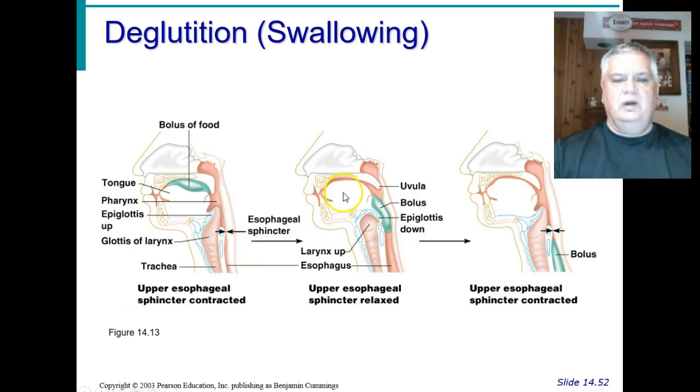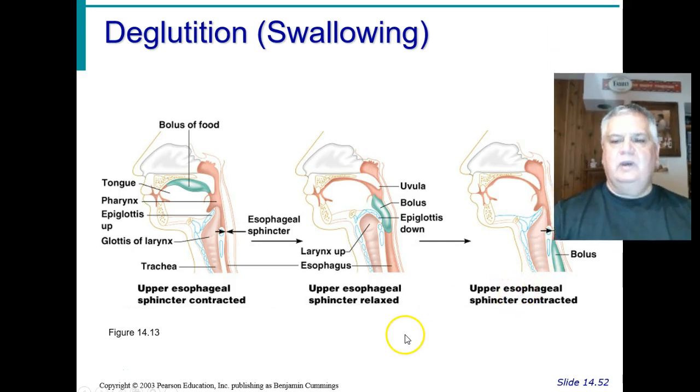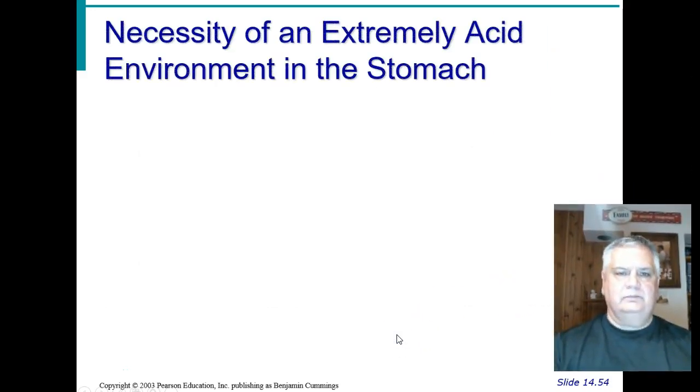Then we lift up our tongue, force the bolus back into the pharynx, and eventually the esophageal sphincter will relax and the bolus will be, by peristaltic contractions, moved down into the esophagus. Peristalsis will continue, the other passageways will block off, and the food will be moved on toward the stomach.